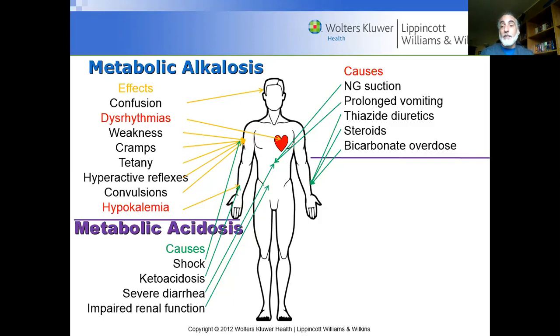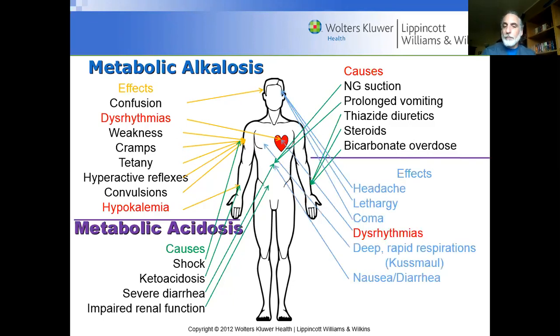We don't have the bicarbonate to buffer up that acidity, and well, here we are again with metabolic acidosis. Just as too much bicarbonate here, too little here, can cause the flip side of the coin. So let's look at our effects.